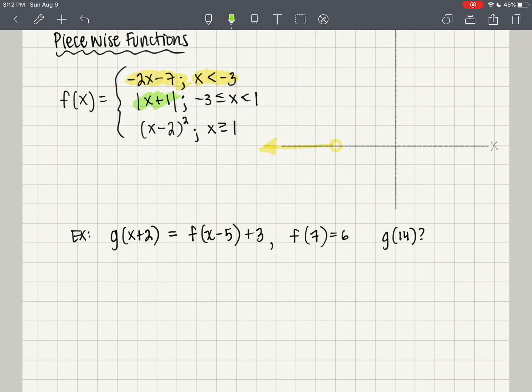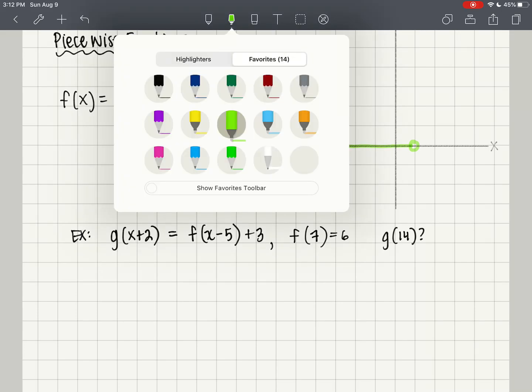And then the next piece is the absolute value of x plus 1, and that's going to be a certain picture between negative 3 to positive 1. And 1 is going to be an open circle for the green function.